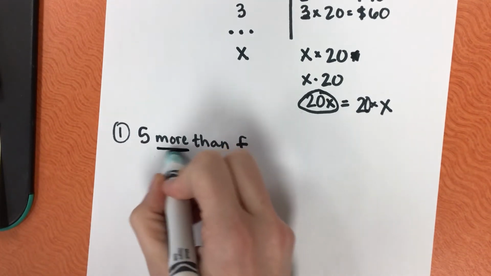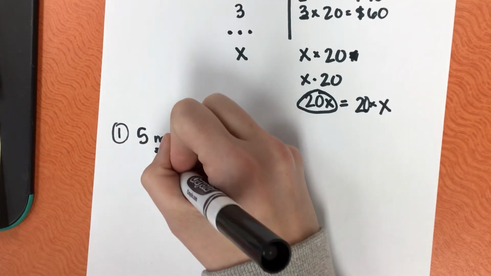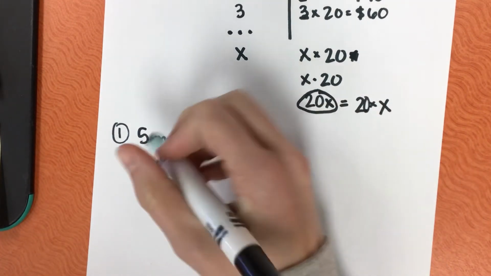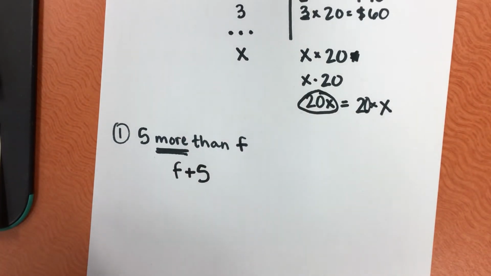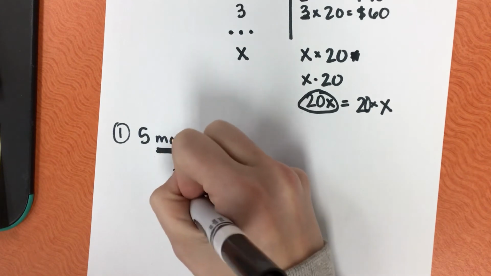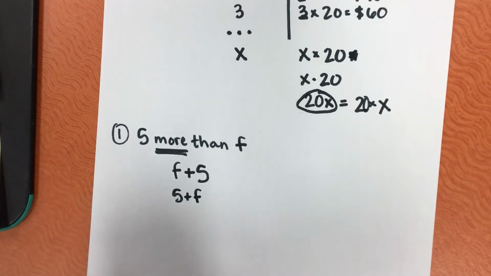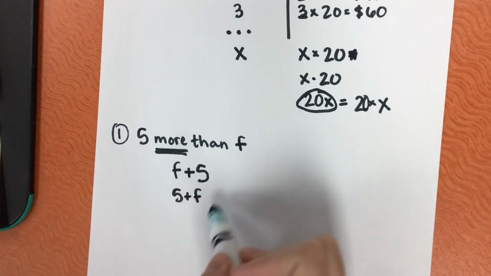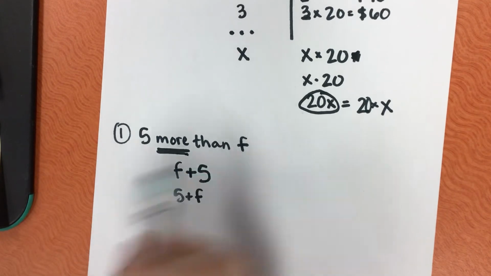The word more tells me that we're going to add. So I'm going to start with f, and I need to have 5 more than f, so I'm going to add 5. You could also have 5 plus f. Remember, for addition, we can switch them back and forth. So either of these algebraic expressions represents that word form.